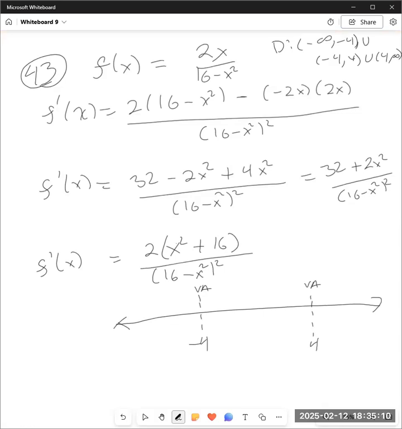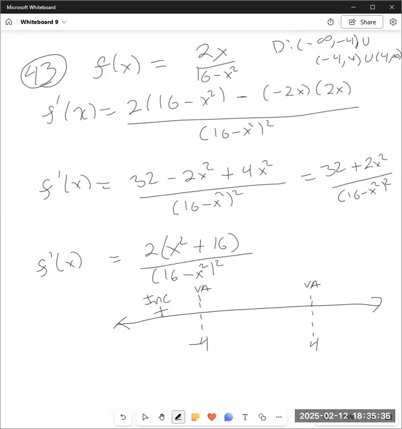On the interval from -infinity to -4, I know my numerator is always going to be a positive number. If I stick in something less than -4, this is a number bigger than 16, and 16 minus that will be a negative number, but then I square that negative number and get a positive number. So this is positive and is increasing.